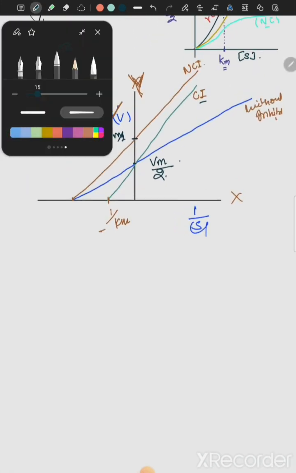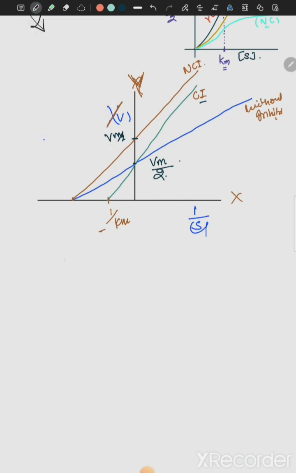so you can use this trick here also to solve this question, and believe me, it will be very easy for you: competitive inhibition, they cross each other, and the second one, non-competitive inhibition, they do not cross.